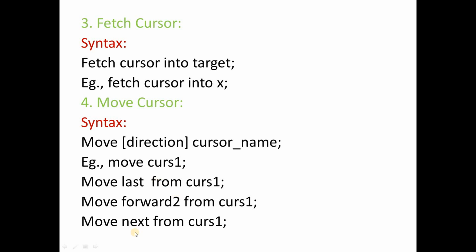Another example: move forward 2 from cursor 1. If your cursor is at the second position, forward 2 means we go forward 2 positions from the current position. Then move next from cursor 1 means we go to the next position in the cursor 1 variable. This is how we reposition the cursor using the move command.